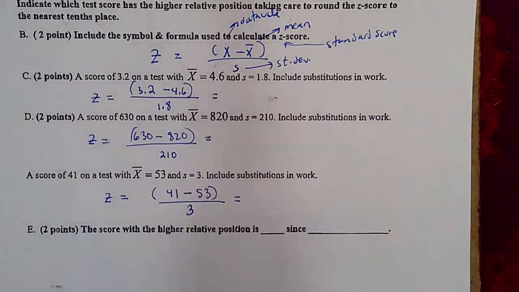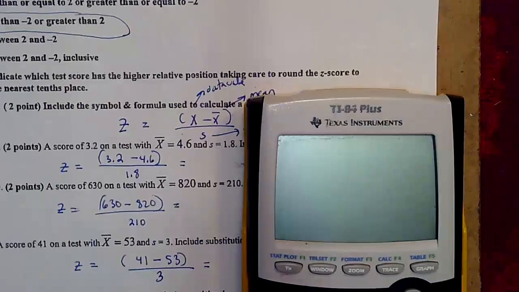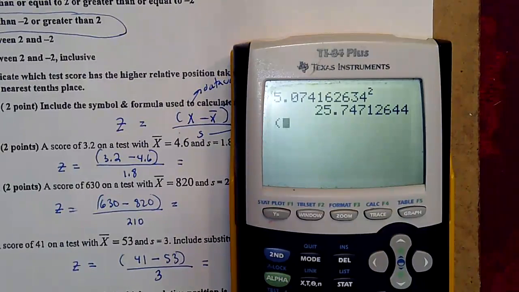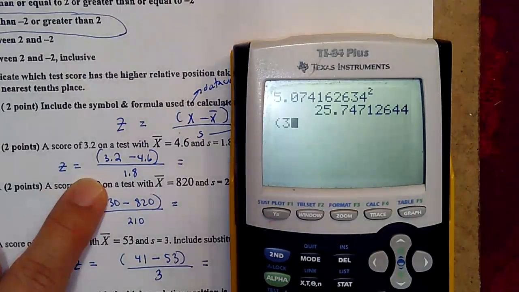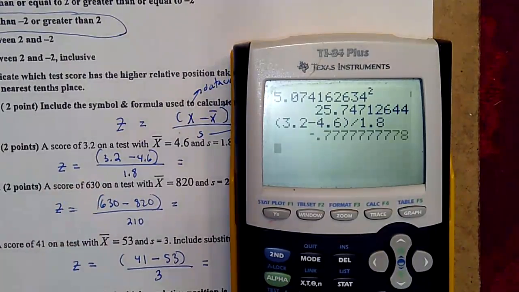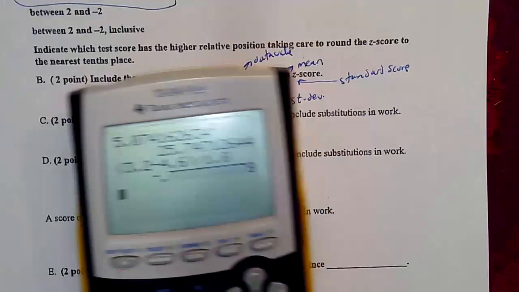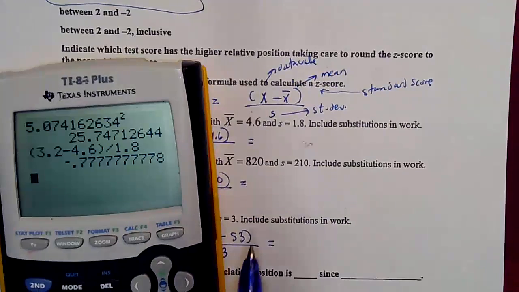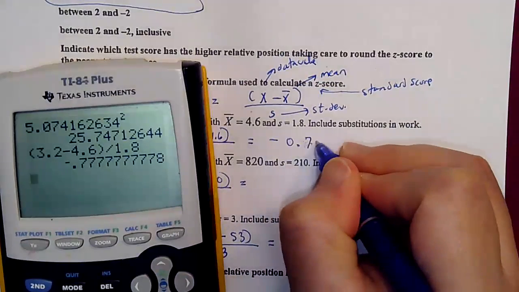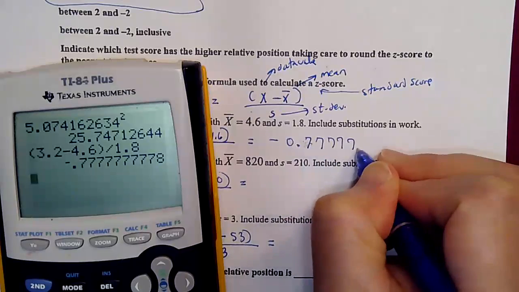Okay, and now I'm going to use my calculator. So I do parentheses 3.2 minus 4.6 close parenthesis divided by 1.8. Oh, look at that, it's a lot of 7s. I'll just do dot dot dot, but I'm going to round it.